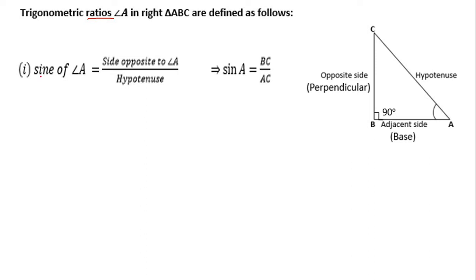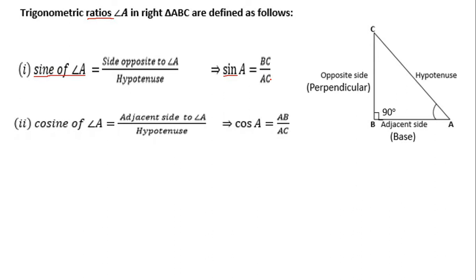Alright. We call it sine of angle A, and the abbreviation for sine is sin. We write sin A is equal to BC by AC. Understood? So this is the first trigonometrical ratio, sine of an acute angle.